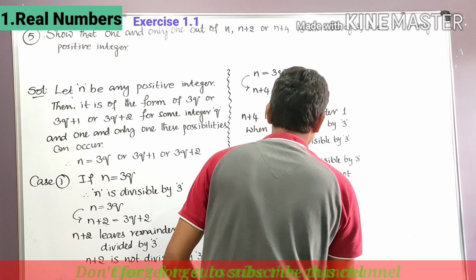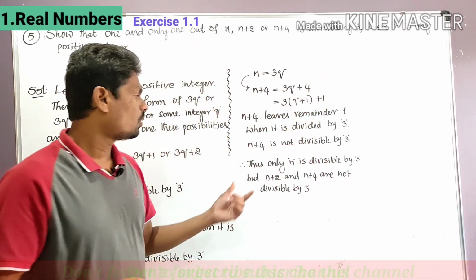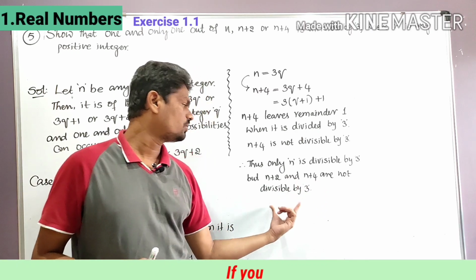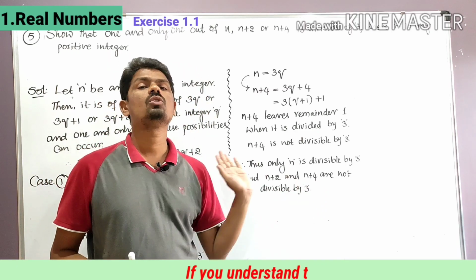So student, this is the first case. Only n is divisible by 3 but n plus 2 and n plus 4 are not divisible by 3 if n is equal to 3q.